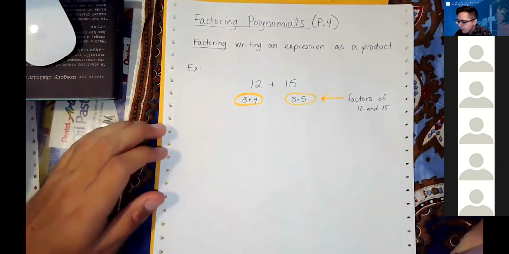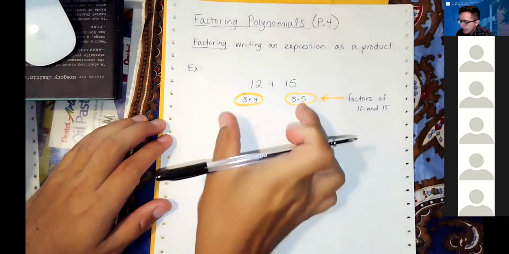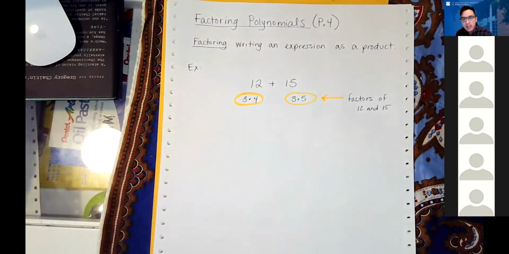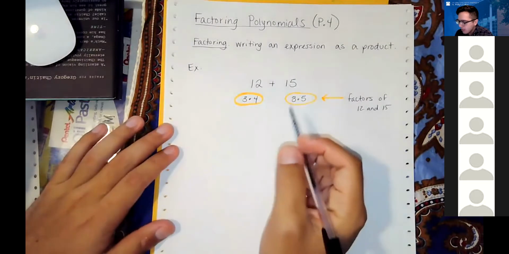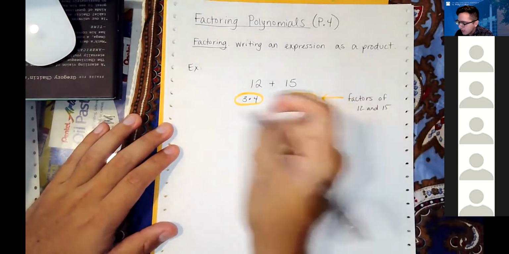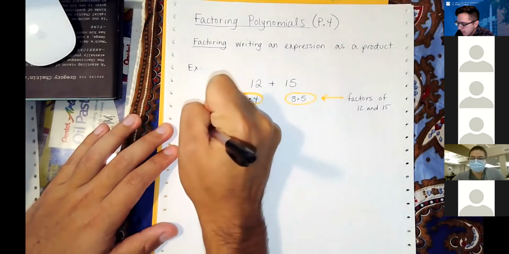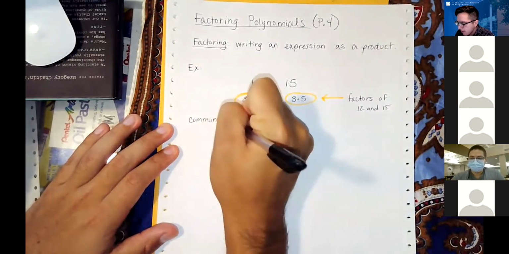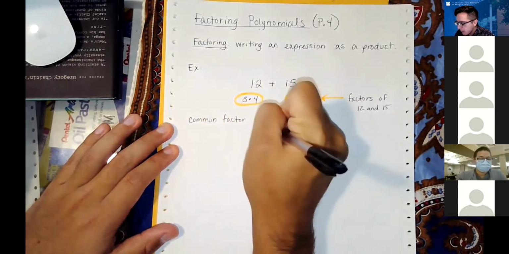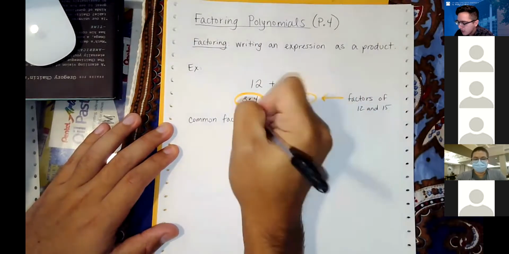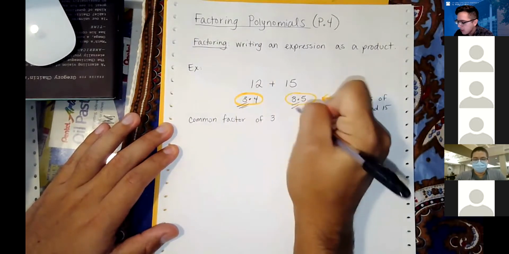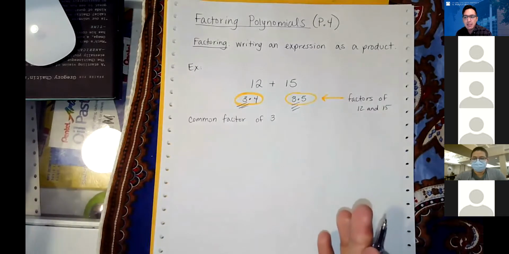Okay. Well, if I wanted to write this as a multiplication problem, you could think of this as reversing the distributive property. We can see that they have some common factor of 3, right? Each of them has a 3 trapped inside of those numbers.